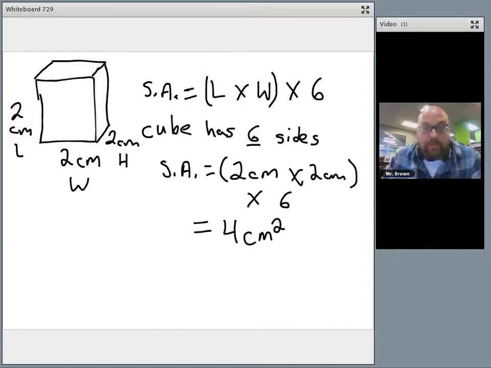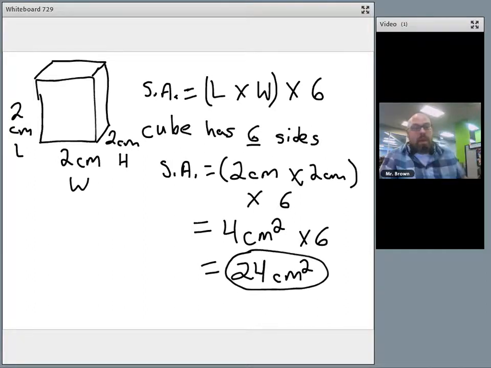But that is only the area of one side. We have 6 sides total, so we have to multiply that by 6. 4 times 6 is 24 centimeters squared. So that is the surface area of that cube.